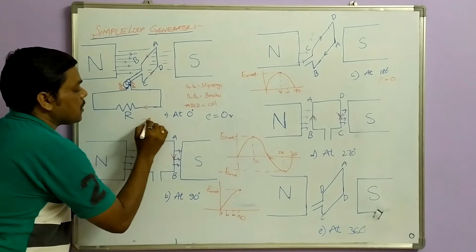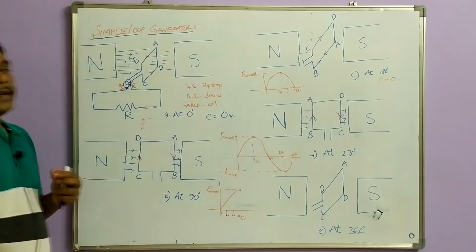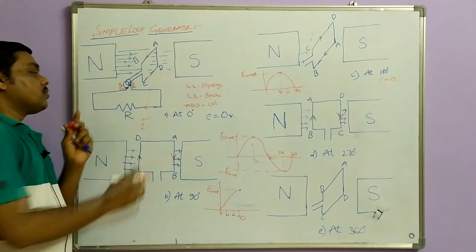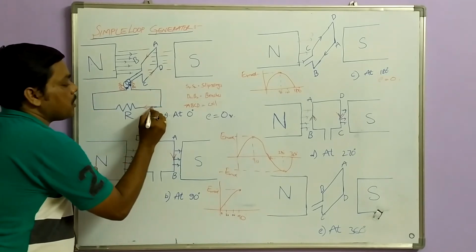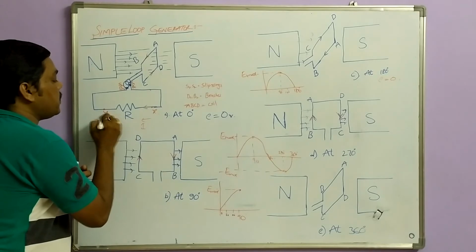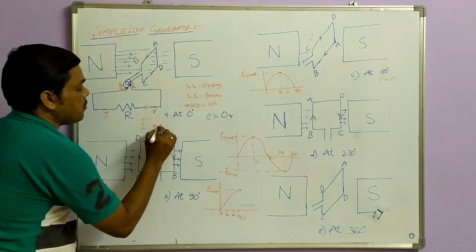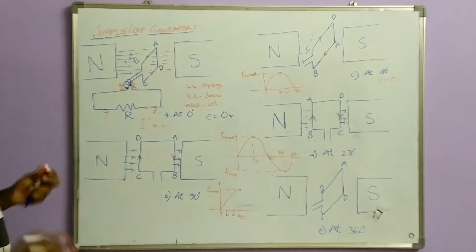That means the current moves from right hand to left hand. Let us say this point is X and this point is Y. Now the current is moving from X to Y.